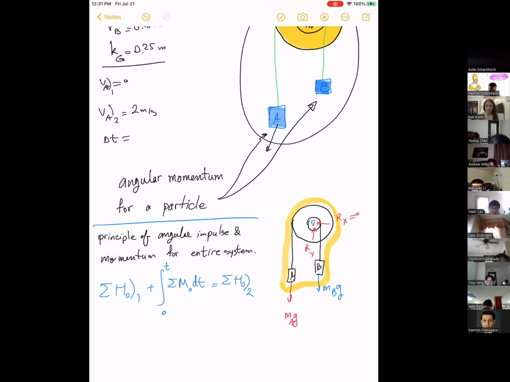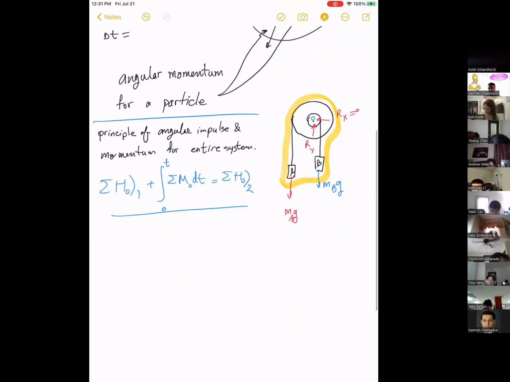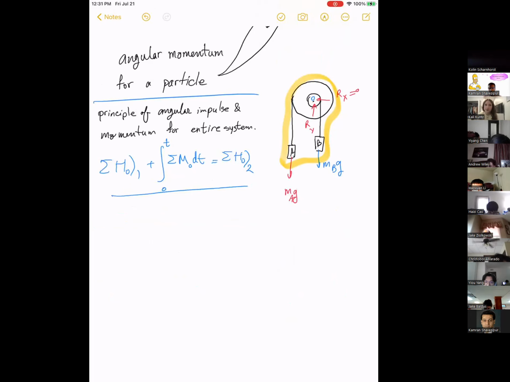Any question about this equation? Looks good, right?